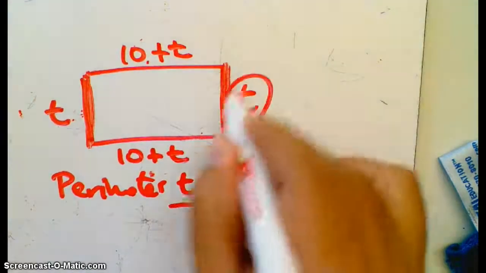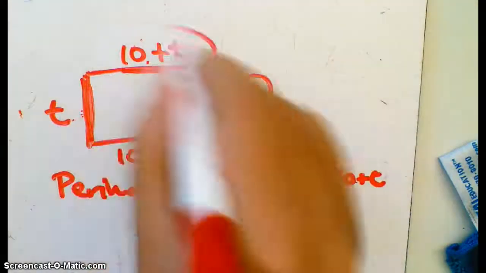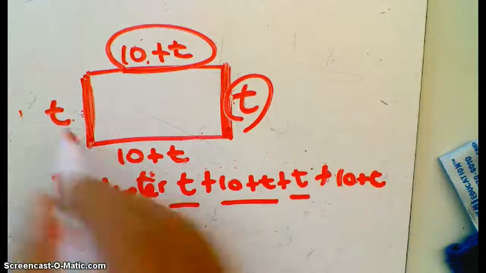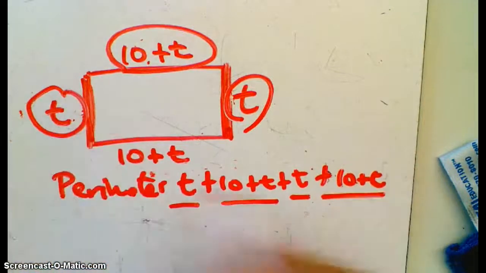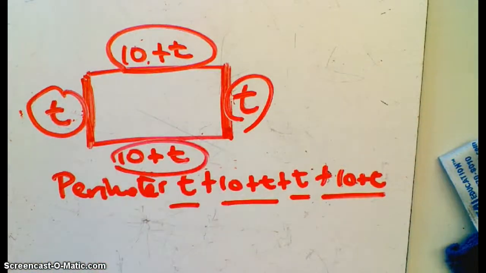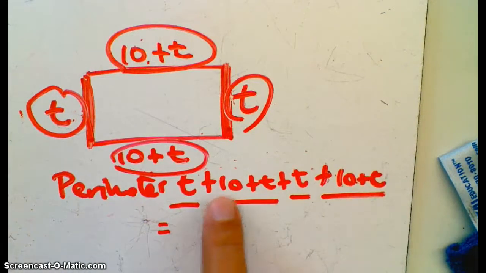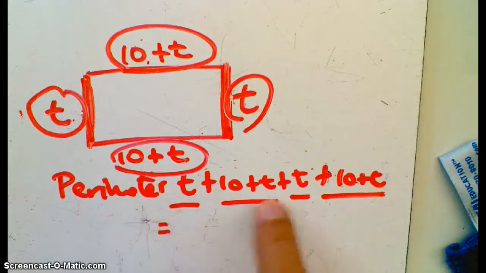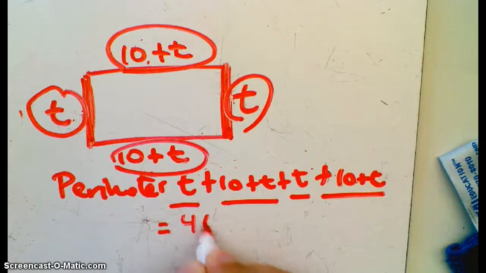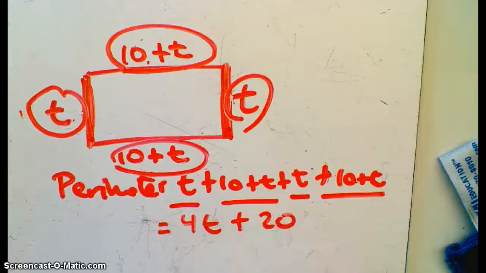T is this one, 10 plus t is this one, t is this one, and 10 plus t is this one. So I added all four sides, and I just have to simplify it: t plus t plus t plus t is 4t, and 10 plus 10 is 20, so 4t plus 20.